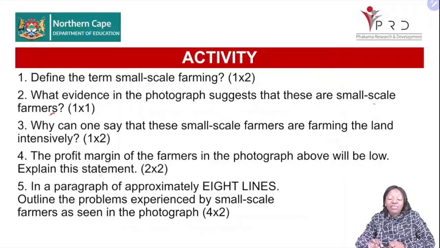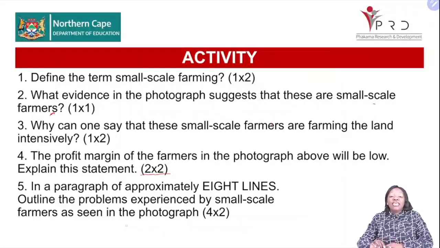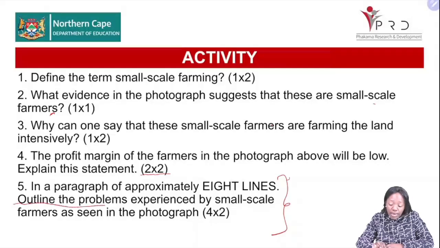Explain this statement. The mark allocation there is 2 times 2. You know by now, 2 times 2 means you give 2 responses. Then you have a paragraph question. In your paragraph question, outline the problems experienced by the small-scale farmers as seen in the photograph.